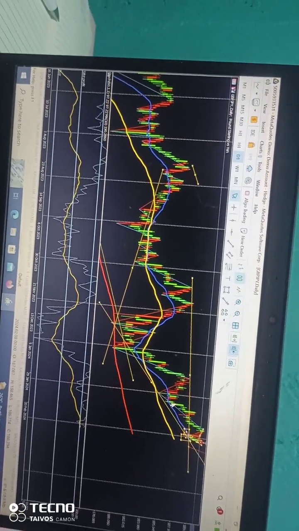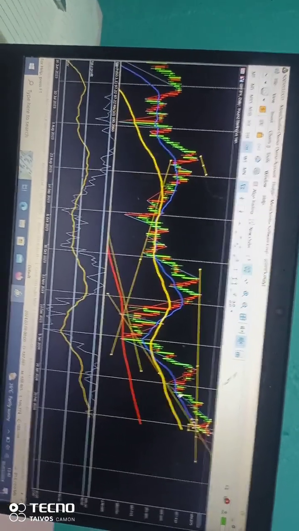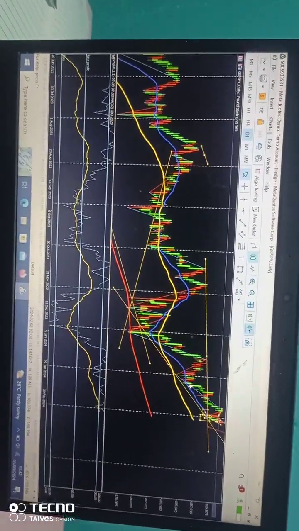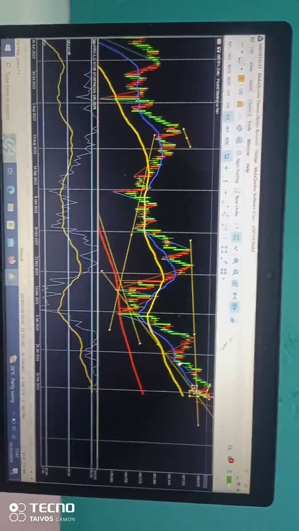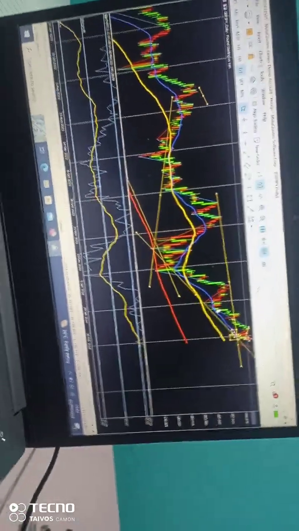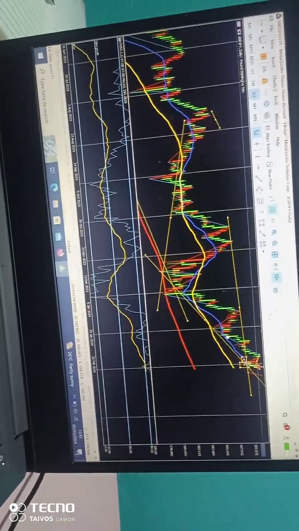You cannot even tell the shape I am making there. But if you do it like that, you are going to know the direction of the market, a very good direction, and you are going to be leaping well.